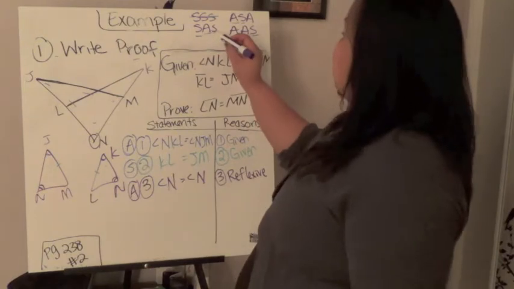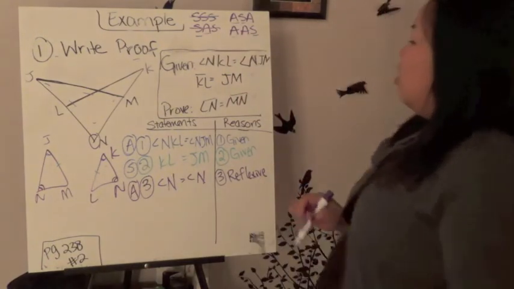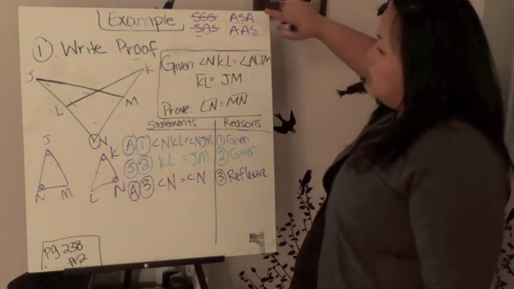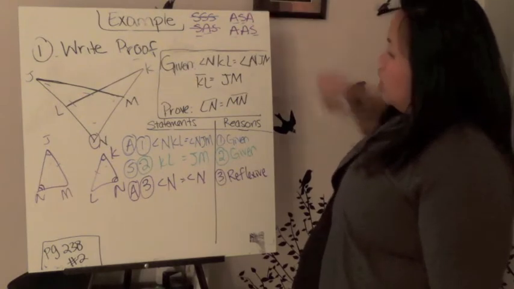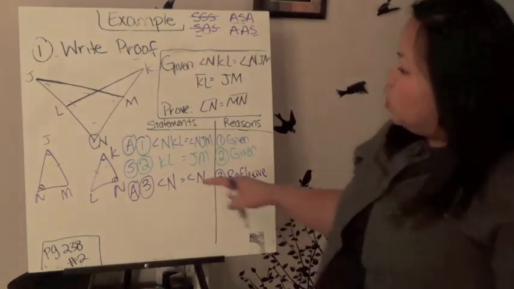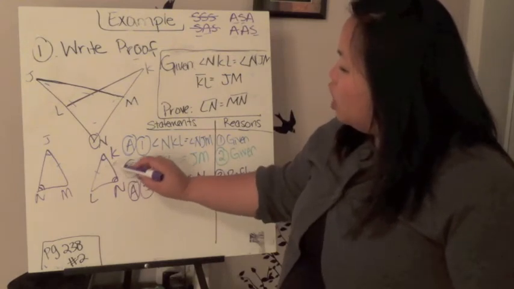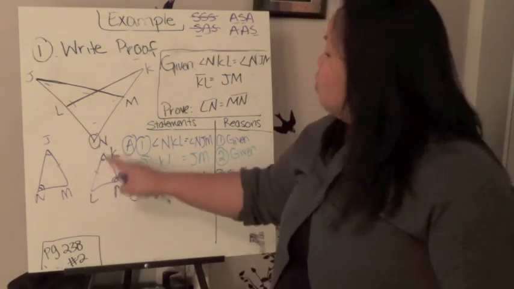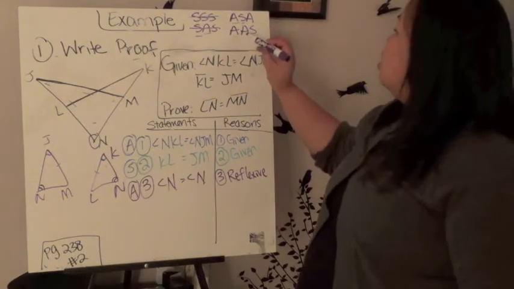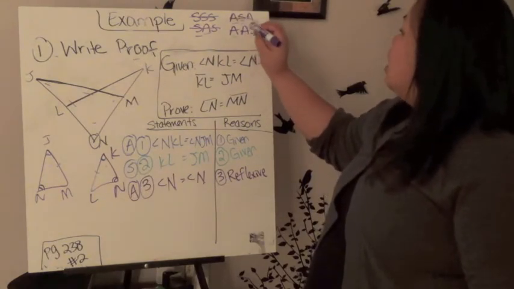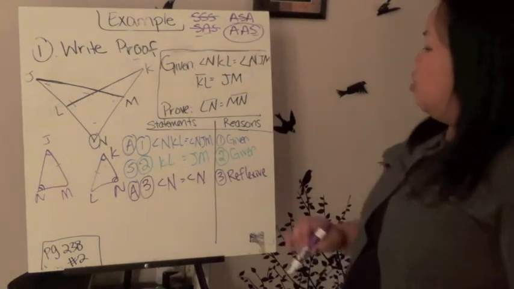Because this is another angle, I can cross that out. Now I have to decide, is it an included side or a non-included side? This one has two angles, and if it was included, then it would be this one that's equal, but it's not, so it's a non-included side. So we're going to choose the non-included side.